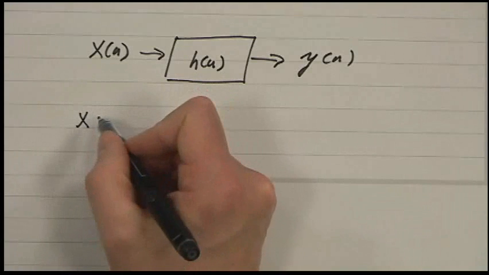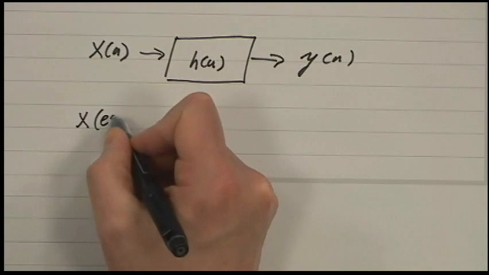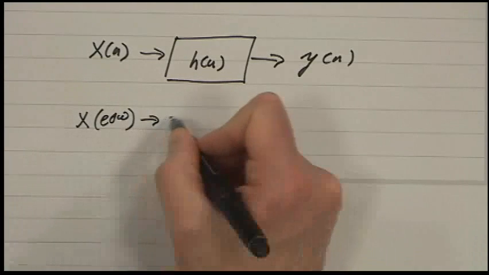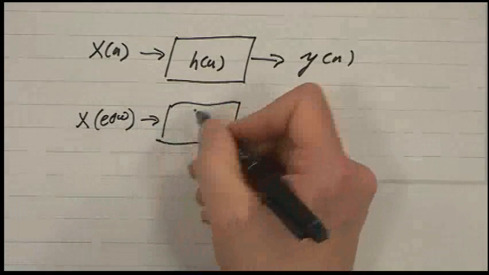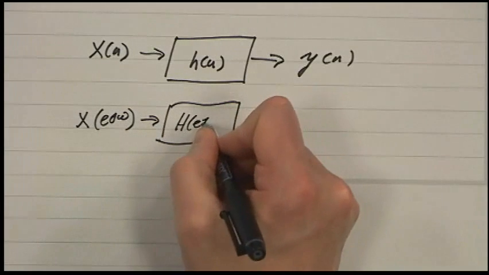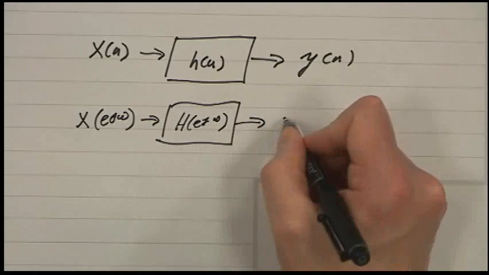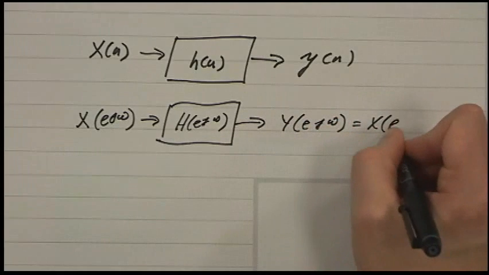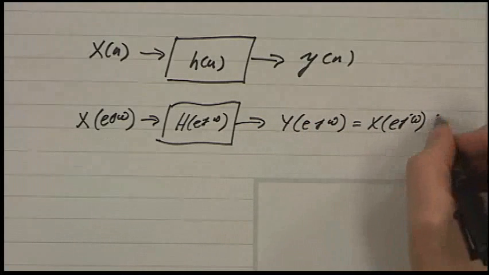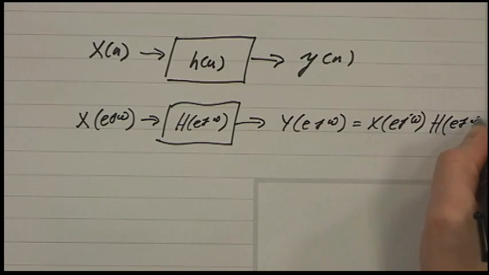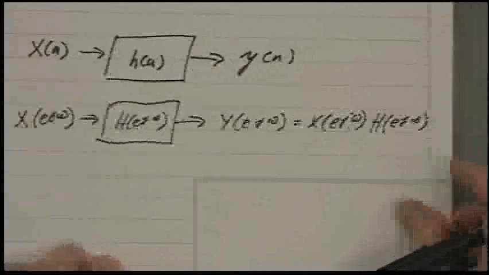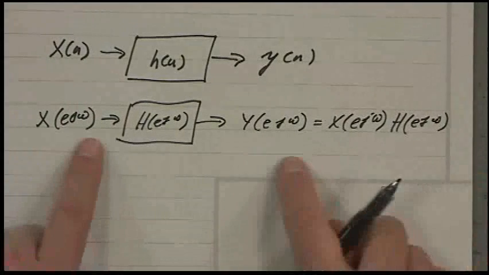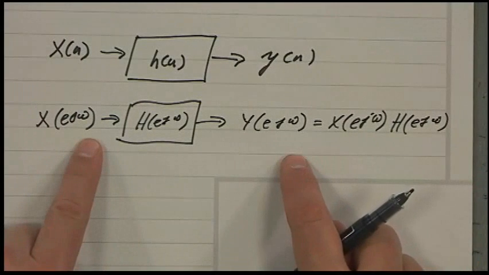It becomes H of e to the j omega, right? And that the output Y of e to the j omega is equal to X of e to the j omega times H of e to the j omega, right? This is just the basic result of linear time invariant filter theory, okay?